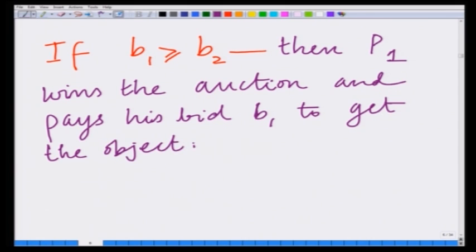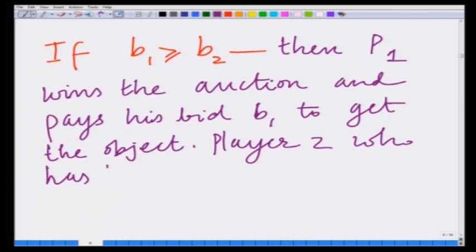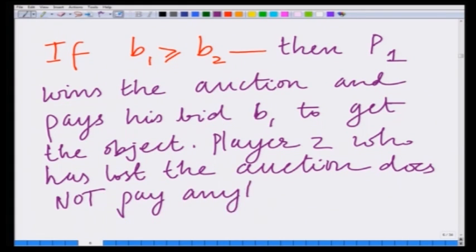However, player 2, who has lost the auction, does not pay anything.